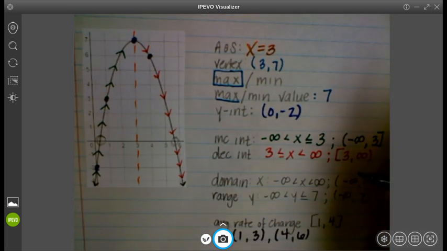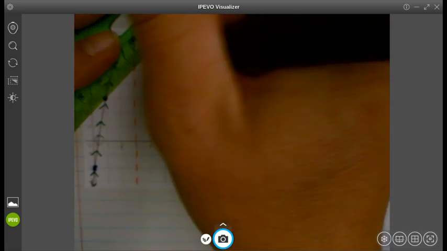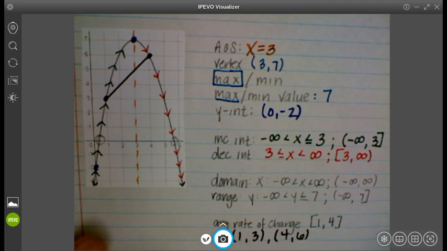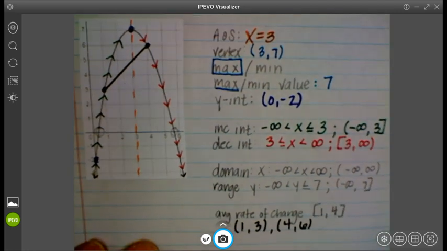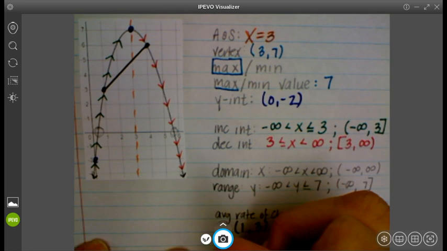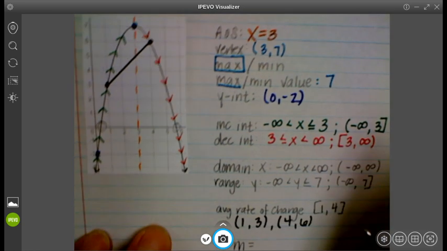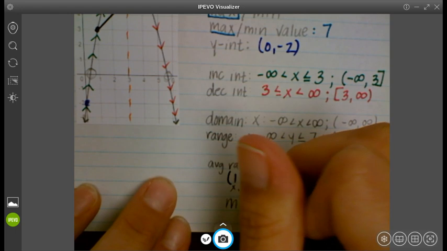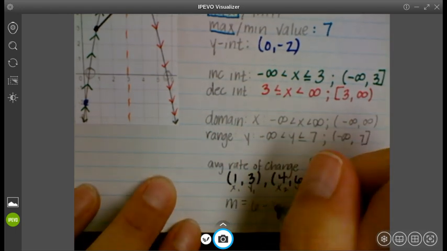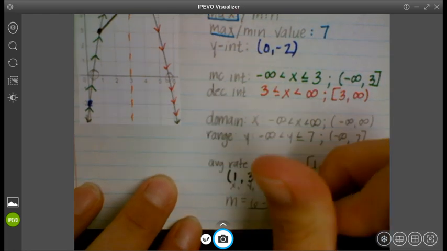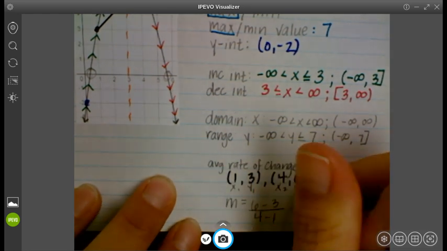Now again, if I draw a line between those two points, that line is increasing as it goes to the right. So we should have a positive slope here. So m equals, see, x1, y1, x2, y2, 6 minus 3 divided by 4 minus 1.